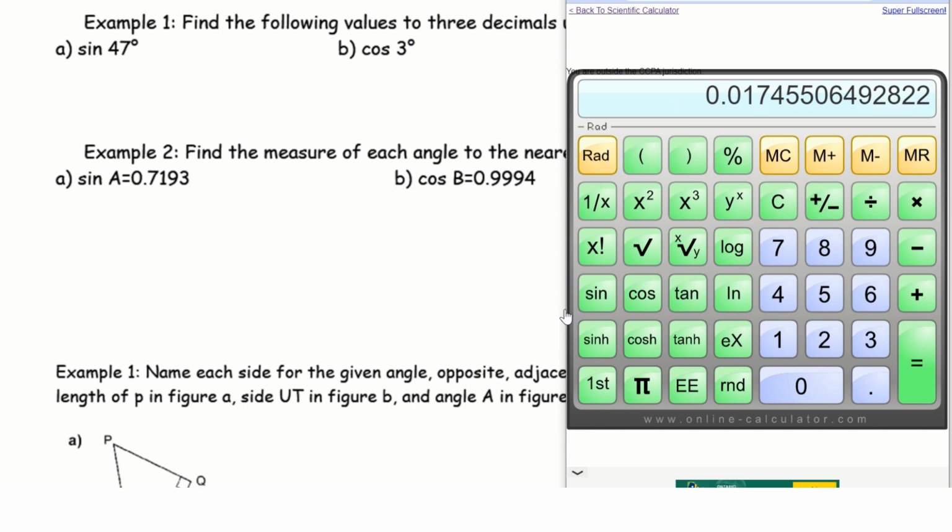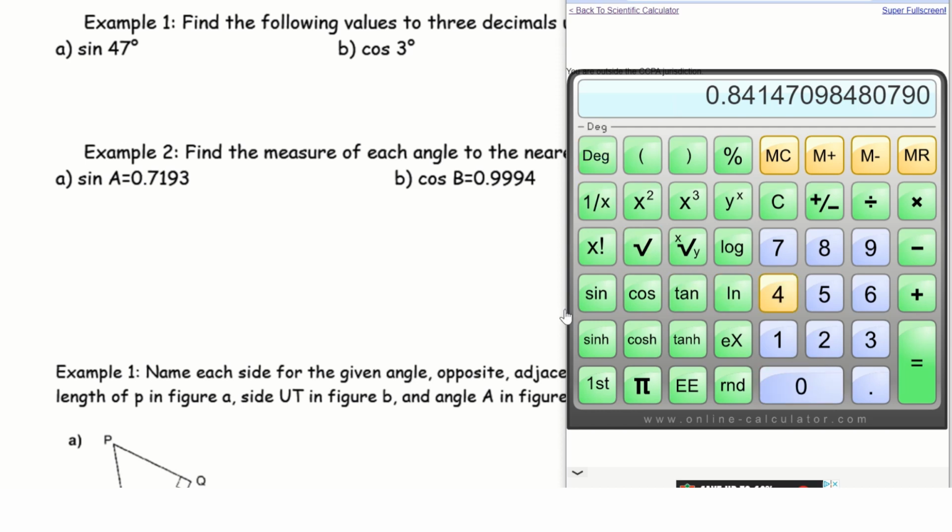If we click on it, you will see it's in radian mode, which uses different units and gives a different answer. Before we had 0.0174, now it's 0.84. If you are in the wrong mode, you will have the wrong answer. So make sure you are in degree mode.